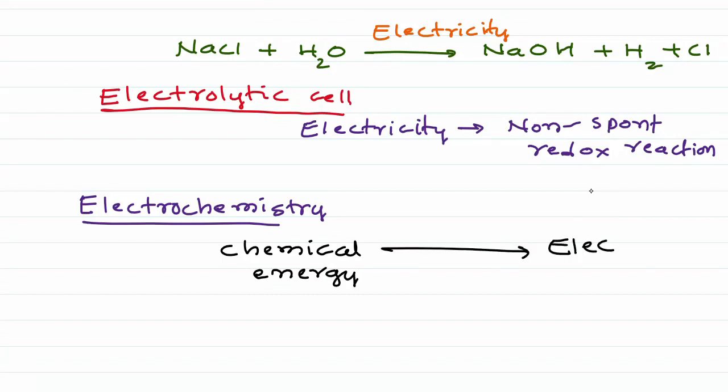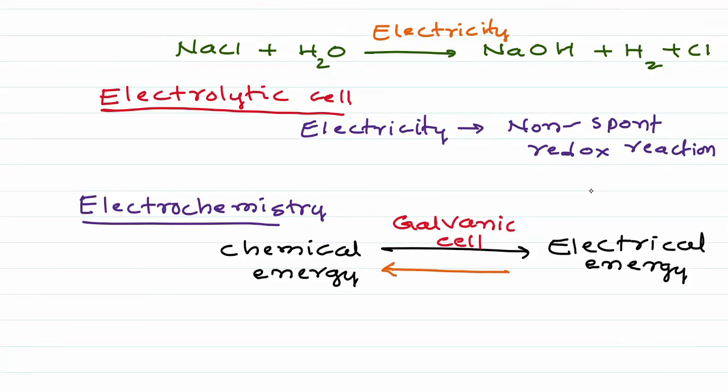As I told you, this happens in batteries, and this device is called a galvanic cell. And the device in which electricity is used to carry out the chemical reaction is called an electrolytic cell. So this much is about the electrochemistry definition.